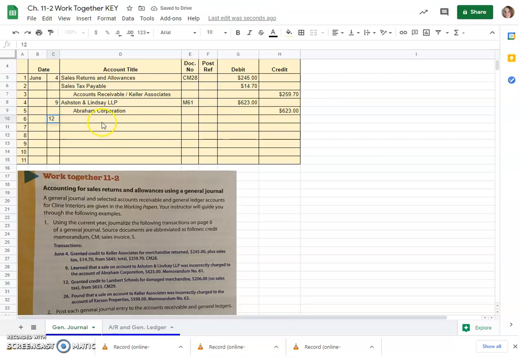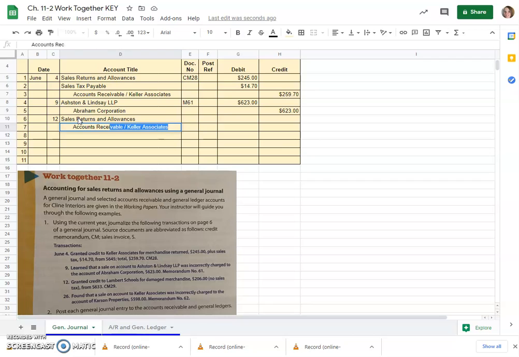Next problem is on the 12th. Sales return. Granted a credit to Lambert Schools for damaged merchandise. So this is going to be similar to the first one. Sales returns and allowances, and then in our credit, it's going to just be accounts receivable and Lambert Schools.